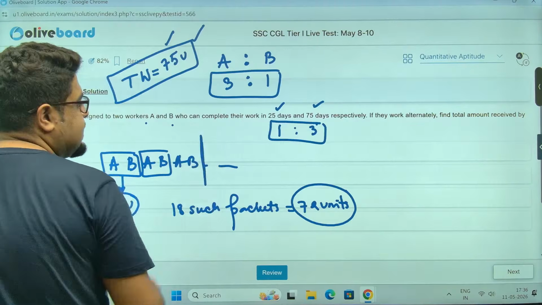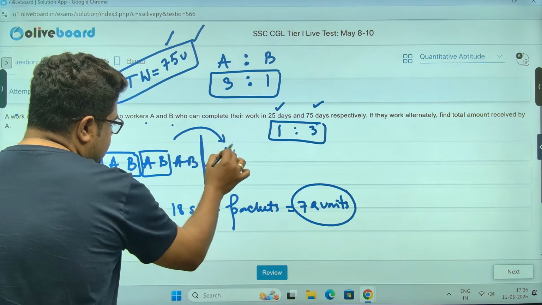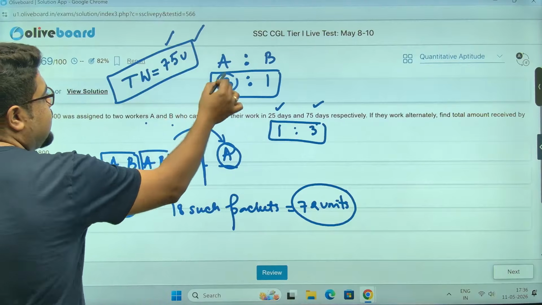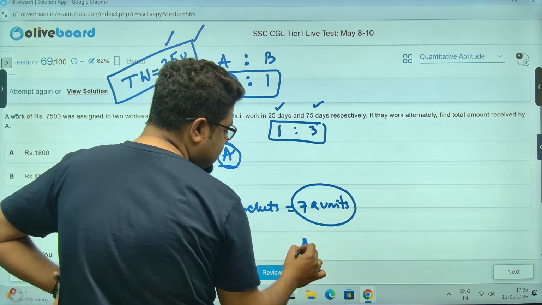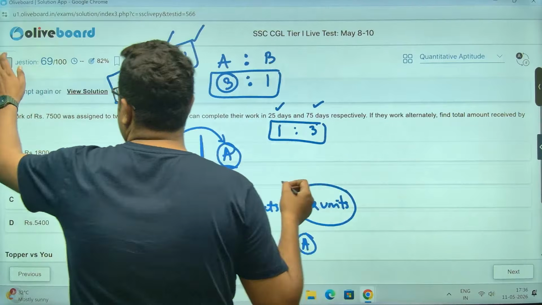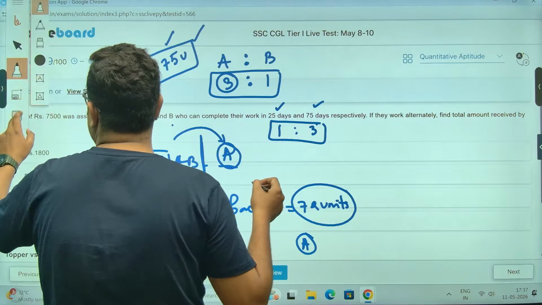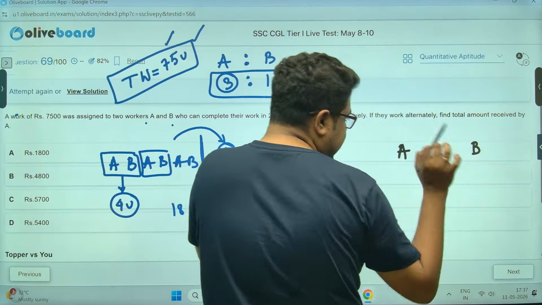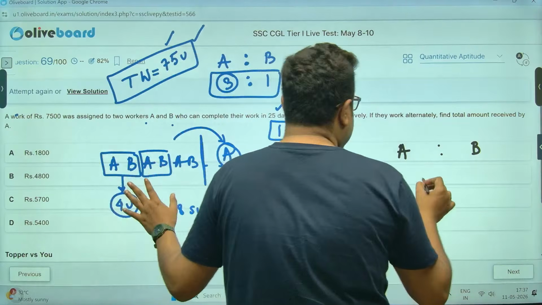Who will do those 3 units? Any packet ends, next day A comes to work. So next day, A will come to work and those 3 units will be done in 1 day by A. Please understand who has worked for how many days.